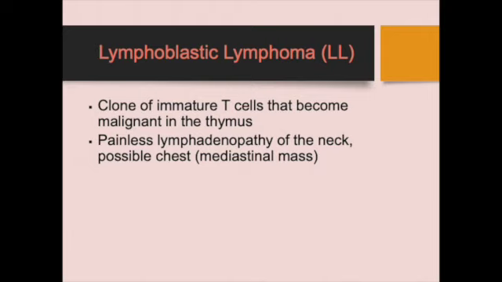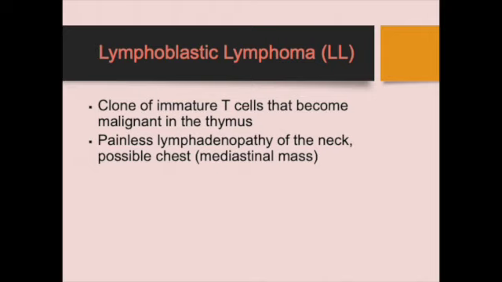Now, T cell lymphoblastic lymphoma is associated with a unique mediastinal mass, and about 75% of patients will have this mediastinal mass, because of the apparent origin of the tumor and the location of the thymus itself.